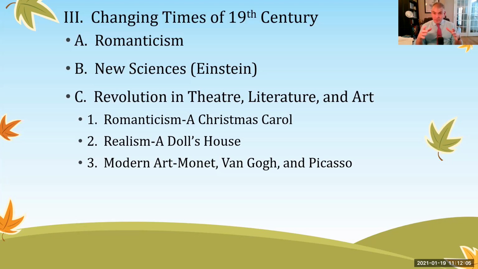So, in the face of a growing urban environment, the romantics say, but we need to stay in touch with nature. We need to still connect with the outside. We need to connect with the countryside. So there's going to be kind of a glorification of natural environments. This is why parks start to get built into the 19th century cities.